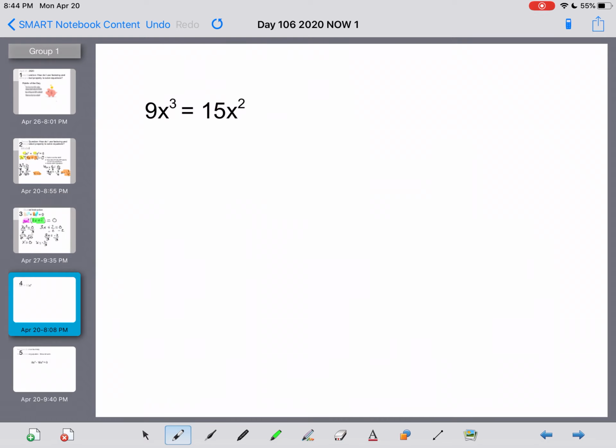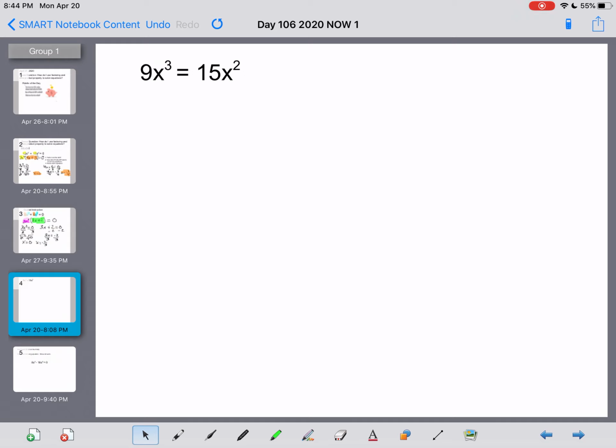So I want you to look at this one, and I want you to think, how is this different from the ones we were looking at before? How was it different? So you probably noticed in this equation, we don't have that equals 0 part. And in order to use zero product property, we need the equation to equal 0.